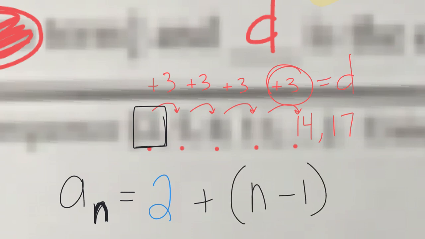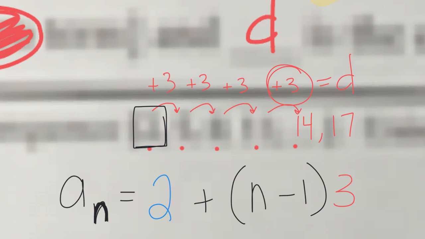That's always your formula part. Times, what is our common difference? It was a 3, so 3 goes there. Sometimes you might see a formula where d is in front of here, that's fine, but putting d in the back means you're never going to mess up your PEMDAS.